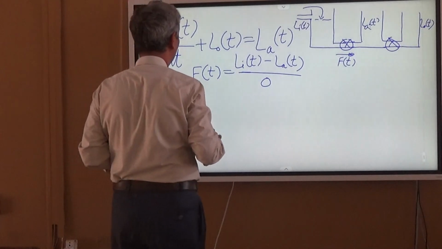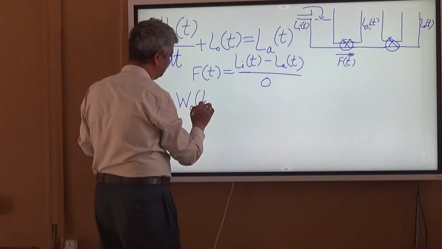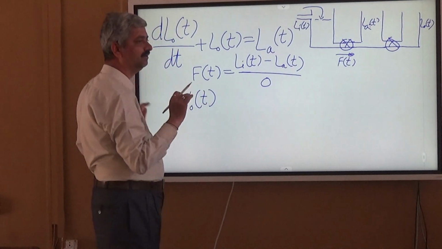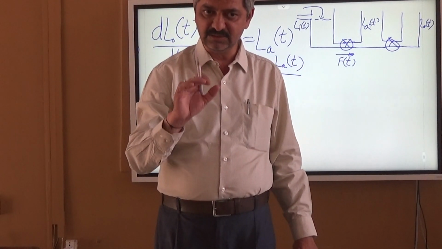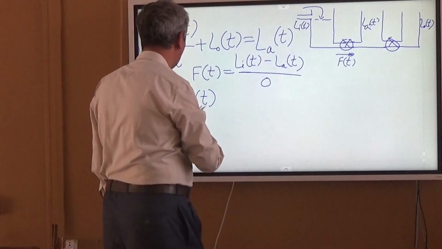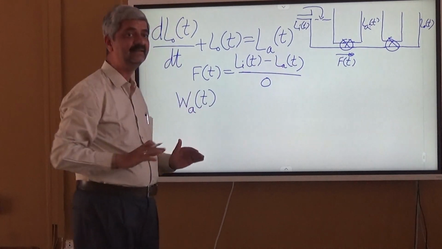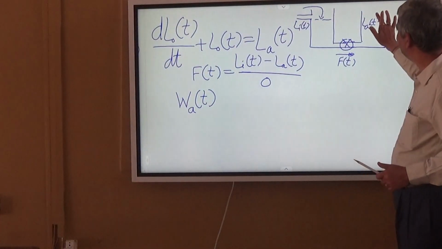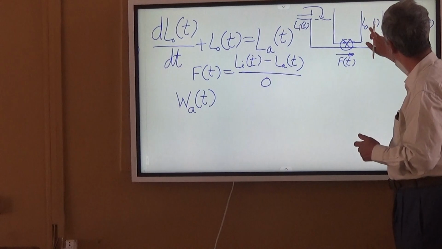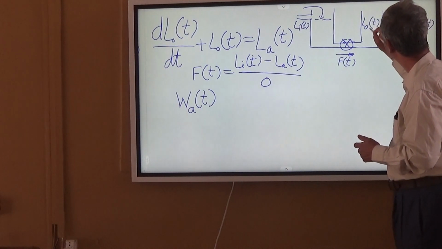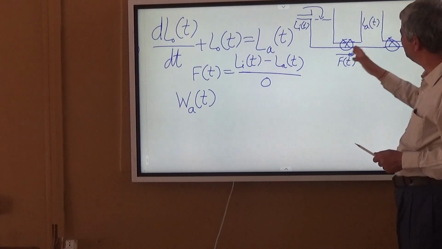Now, the question is about what is WOT? WOT was the quantity, now not O, now what we should say? A, right? Because it is the middle tank. So WAT, what is WAT? If this was not there, if this was closed, WAT was merely because of flow FT.